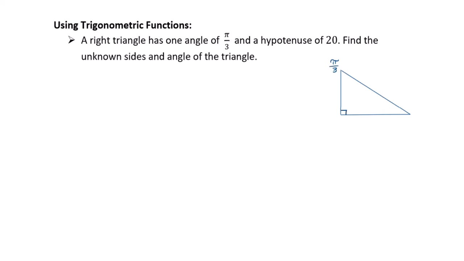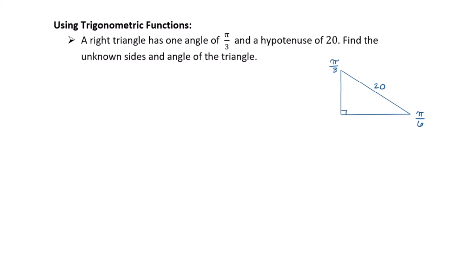Of course, we have this right angle. I know here I'll have a pi over 6 as my angle. And the hypotenuse is 20. We're to find the unknown sides and angle of the triangle.